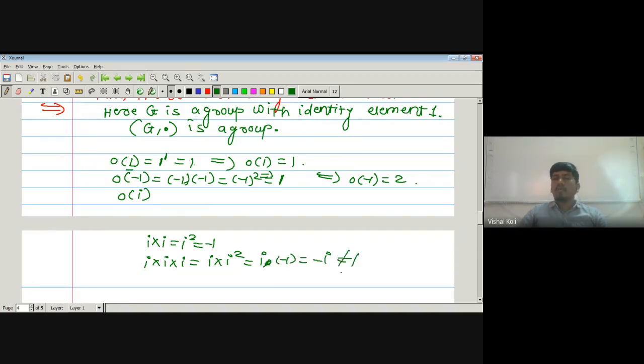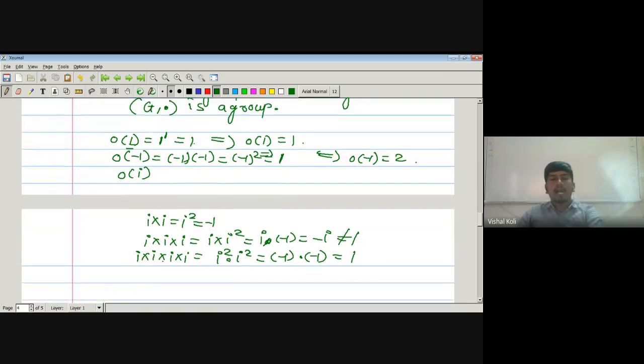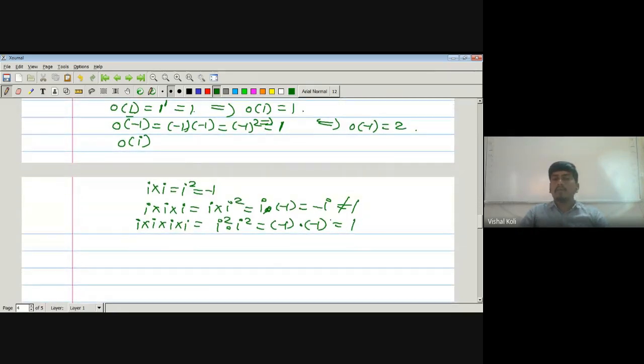This is again not equal to 1. Now, i to the power 4 is i square into i square, which is minus 1 into minus 1, which is 1. Therefore, if we multiply i four times, we get the value 1, which implies order of i is equal to 4.